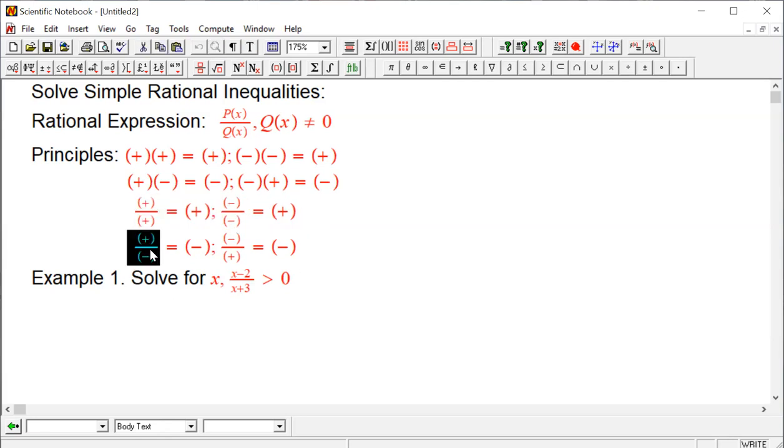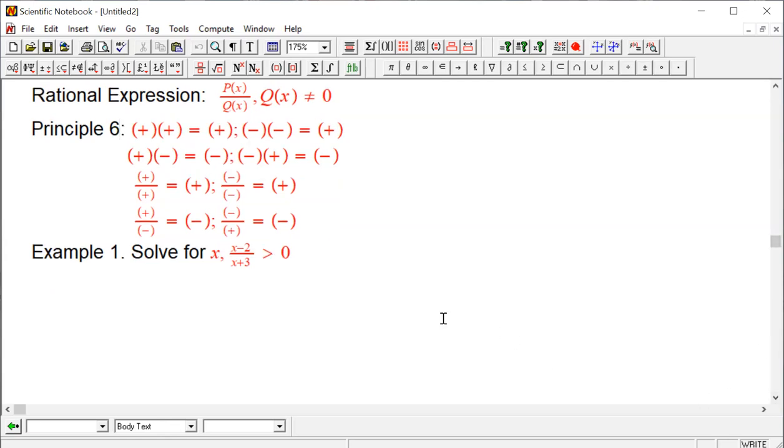When we divide two numbers of opposite sign, the quotient is negative. And of course, we never divide by 0. So we are using the same principle number 6. This is going to be the content of this lesson. Now you can understand why we put these topics together this week. They're all very similar.